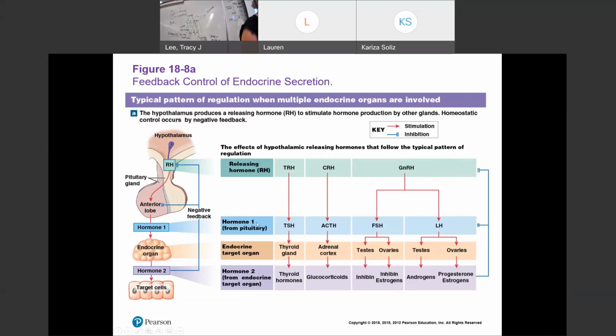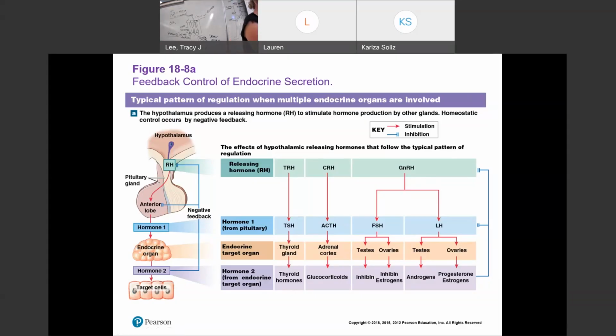So now we're in the anterior lobe of the pituitary gland, and the thyroid releasing hormone says, release thyroid stimulating hormone. So the anterior lobe is going to release thyroid stimulating hormone. Who's it going to boss around? The thyroid gland, right? So thyroid stimulating hormone goes to the thyroid gland and says, thyroid gland, release your hormones.